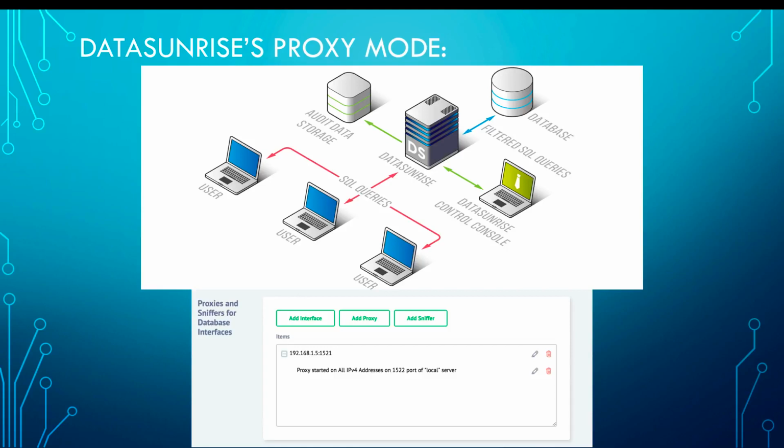This is an Oracle database, for example, and the same applies pretty much for any other database. So we initially went with the default port, which is 1521, and chose 1522 as the proxy mode port for the database connection and for any application that will be using the masked data through DataSunrise.